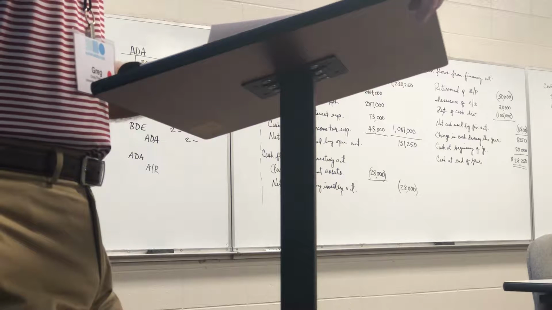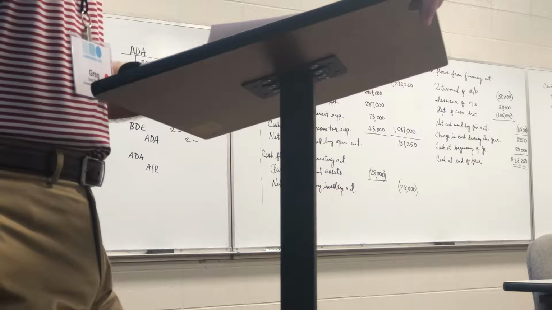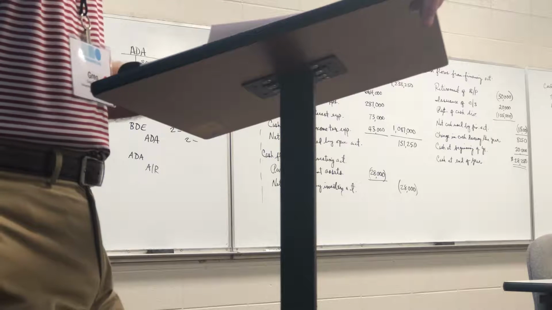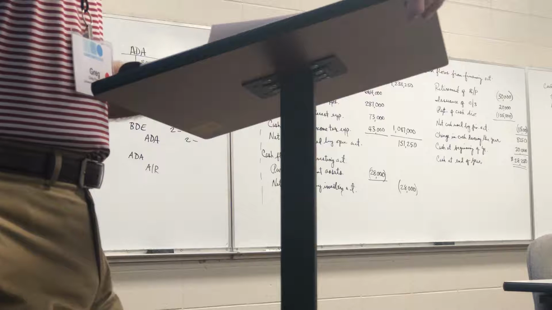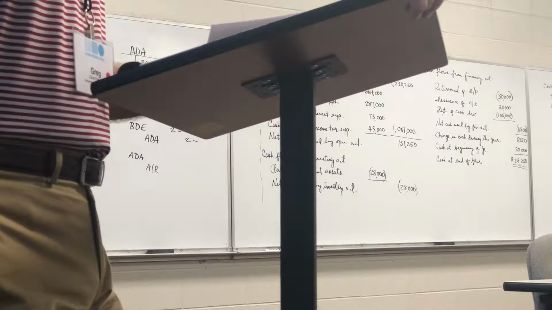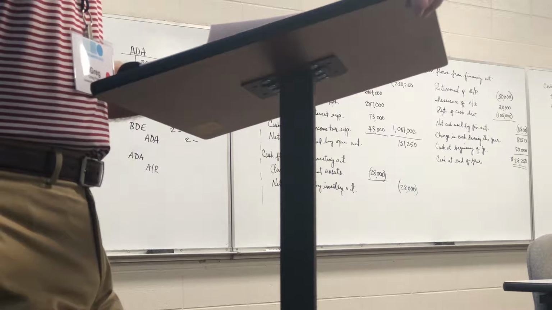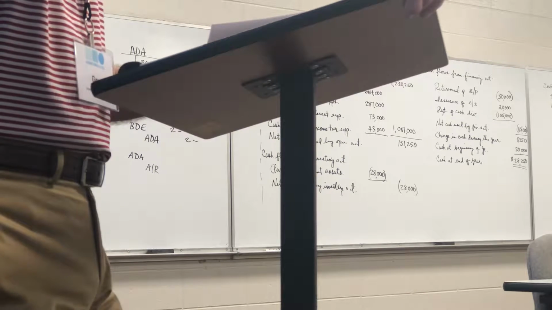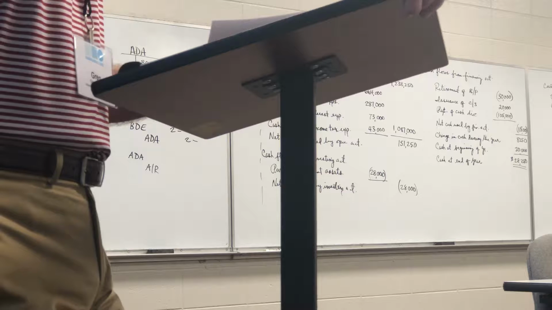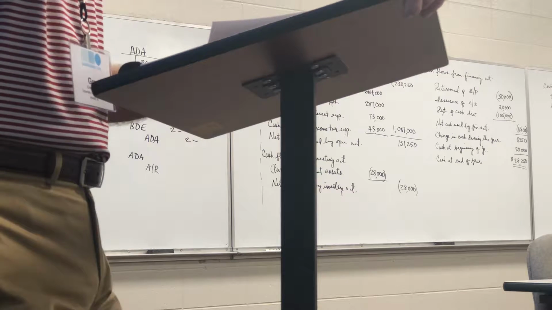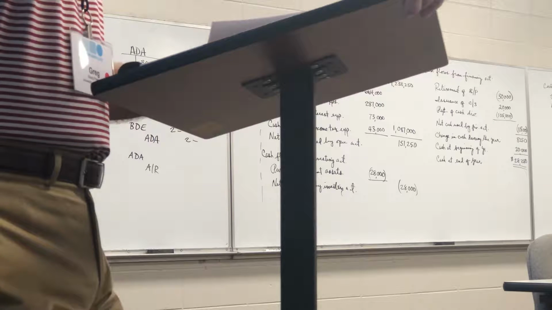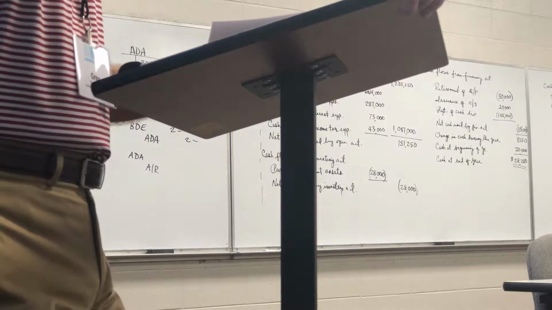Okay, what is the third type of adjustment that we do, Mr. Carr? The third type of adjustment is the change in the current assets. Okay, so let's go to the balance sheet and we're going to skip over cash. What is the first current asset after cash? Accounts receivable, thank you.